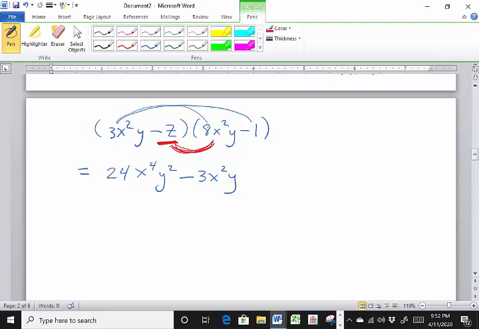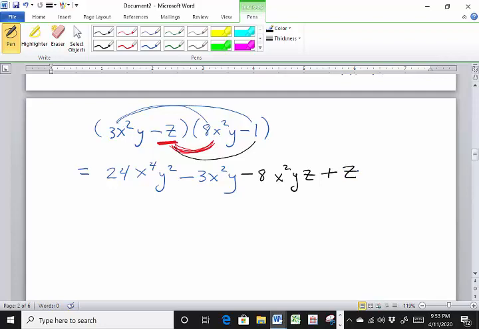Well, there's no z in the 8x squared y, so it's like a negative 1z, so negative 1 times 8 is negative 8, right? So negative 8, and then we have x squared y, and then don't forget the z, okay? And then we have negative z times negative 1. Well, negative times negative is a positive, and z times 1 is just z.